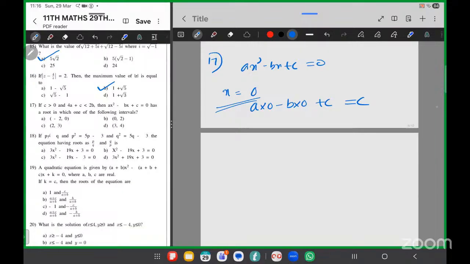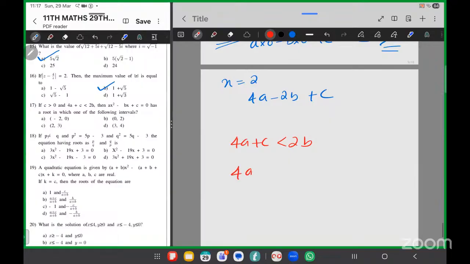Since c is greater than 0, it is positive. When you consider x is equal to 2, it will become 4a minus 2b plus c. Given that 4a plus c is less than 2b, that means 4a minus 2b plus c is less than 0.